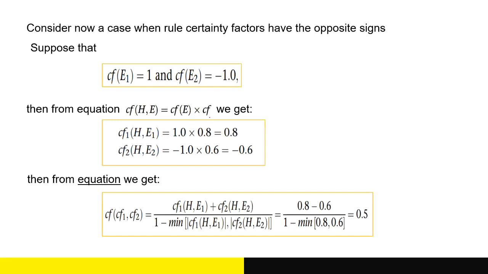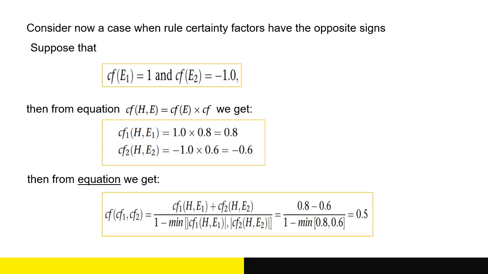So suppose that certainty factor of evidence 1 is 1 and the certainty factor of evidence 2 is negative 1. So from the equation, same lang yung gagawin natin. So certainty factor 1 of hypothesis given evidence 1 is equal to 1 multiplied by 0.8, so we have 0.8.